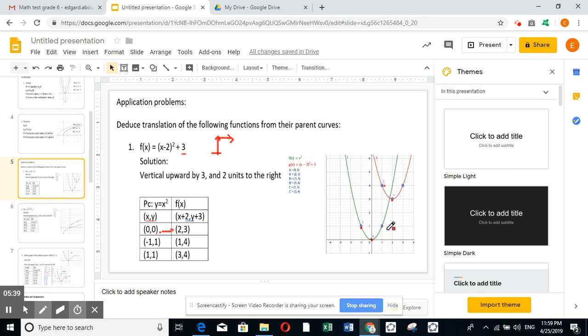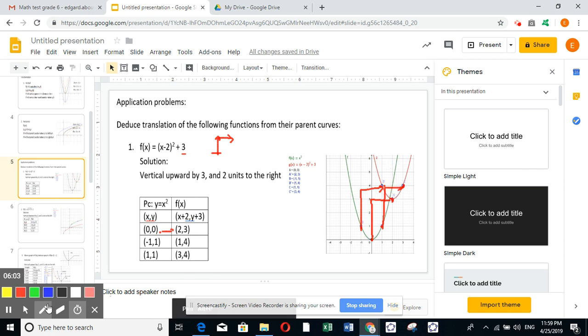And the last one, 1, 1, the image, if you replace it, is 3, 4. It is as if I'm raising the curve up by 3, as we said, for every point, and going 2 to the right. So this curve, the green one, becomes the red one.